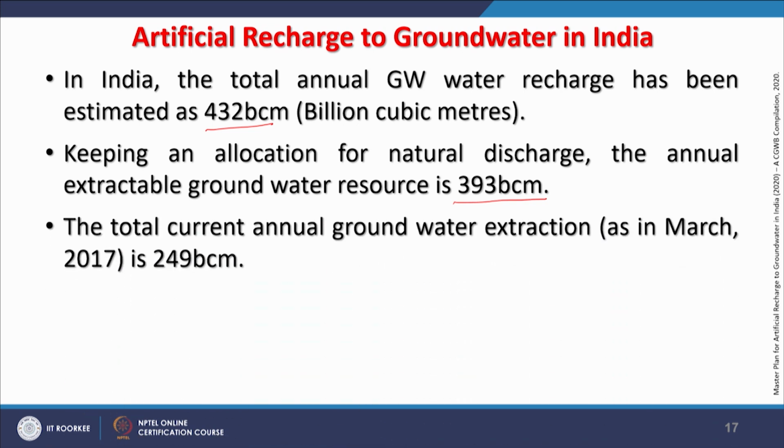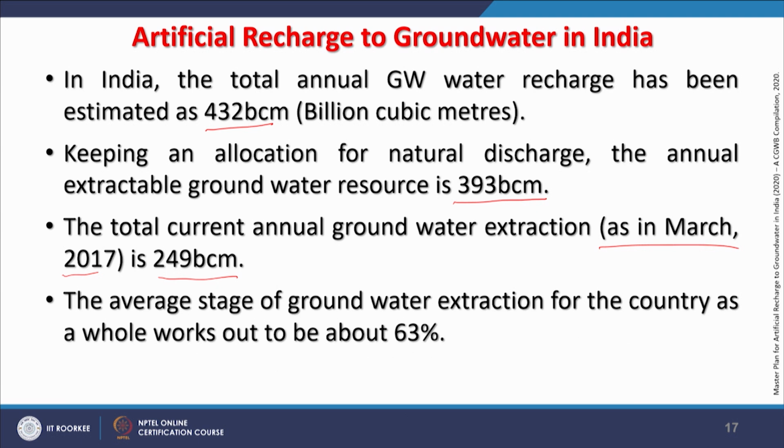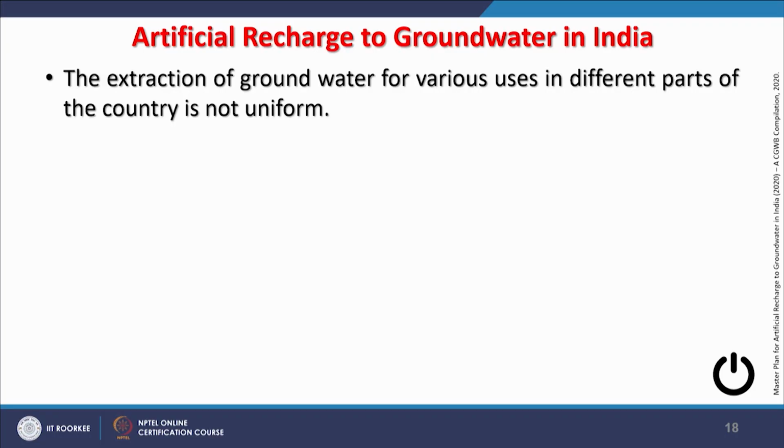The total current annual groundwater extraction, as of March 2017, is 249 BCM. So, a lot of water is getting exploited. The average stage of groundwater extraction for the country as a whole works out to be about 63%. That means only 37% of water resources are left in subsurface conditions. If we do not recharge our groundwater regime or aquifers, we are going to have a lot of problems.